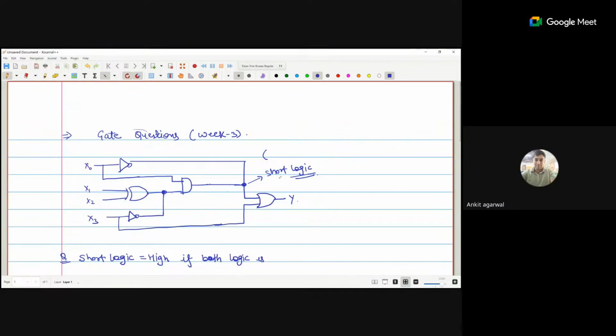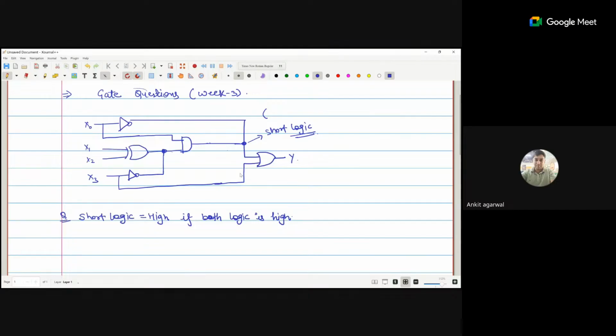That means if this one is 1 and this one is 1, then this input is 1. Similarly, if this one is 1 and this one is 1, it becomes 1. And if either of the inputs is 0, the output becomes 0. So this is the concept of short logic.